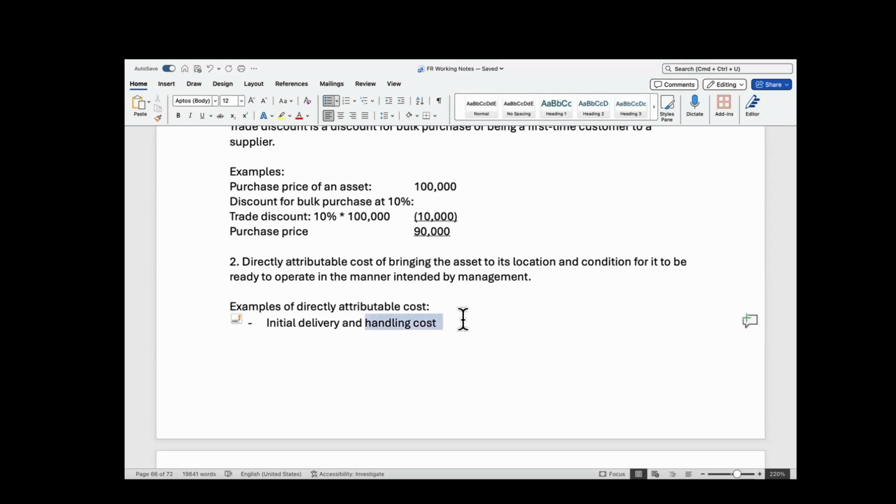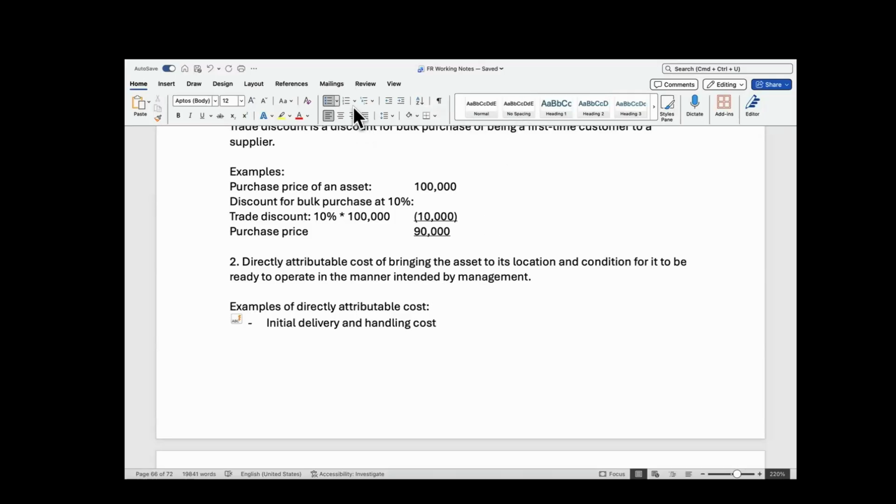Or handling costs. If you have to package the asset, or on your way you have to pay an agbero or a policeman that stopped you on the road just to get the asset to the location you want it to be.